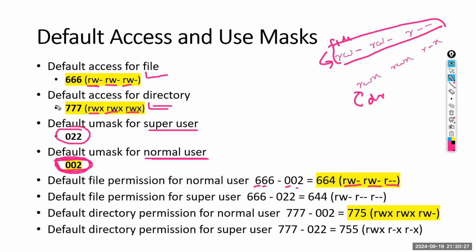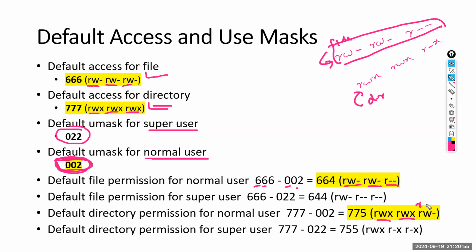And for folder, by default 777. But my umask is 002. Therefore, 777 minus 002 is 775. That is read, write, execute, read, write, execute. 5 means, there's a small mistake here. 7 minus 2 is 5. 5 means what? 4 and 1. 1, 2, 4.